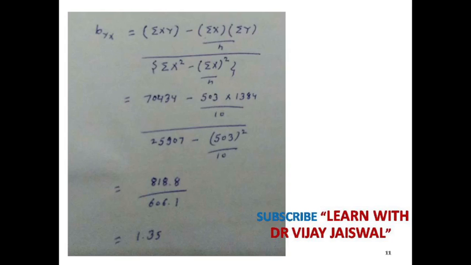In the denominator we will put summation y square minus, under bracket, summation y and then square, divided by n. So we will have to make this change for calculating regression of x on y.